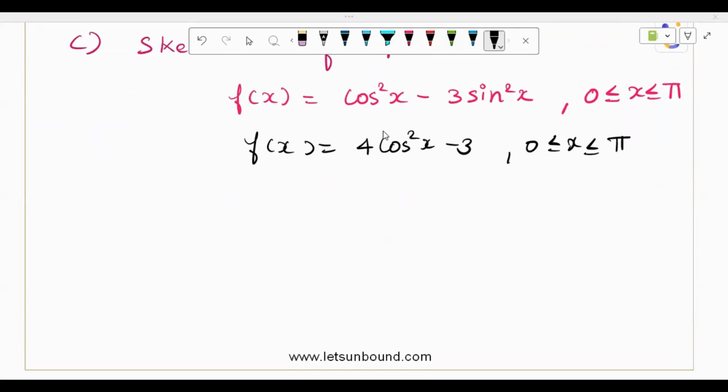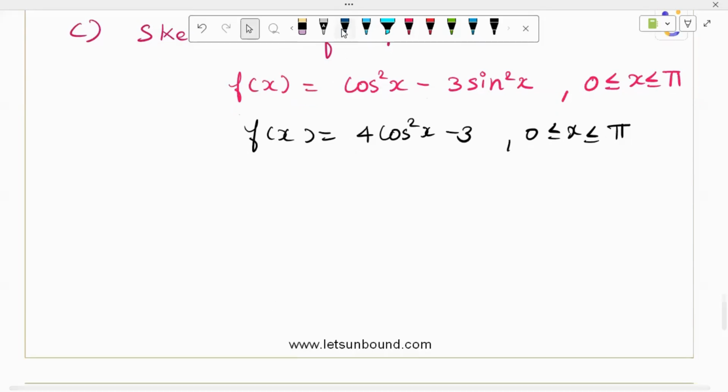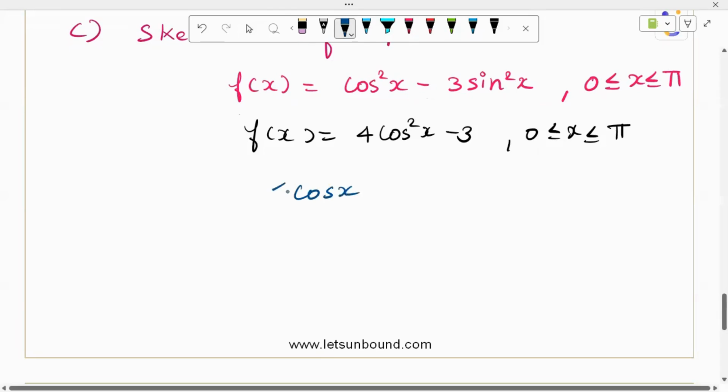Okay. First, let me look out for the range of the function. I know cos x will lie between minus 1 to plus 1. What happens when I square it? Whenever a thing is squared, the minimum is 0, maximum is, according to that function, 1.